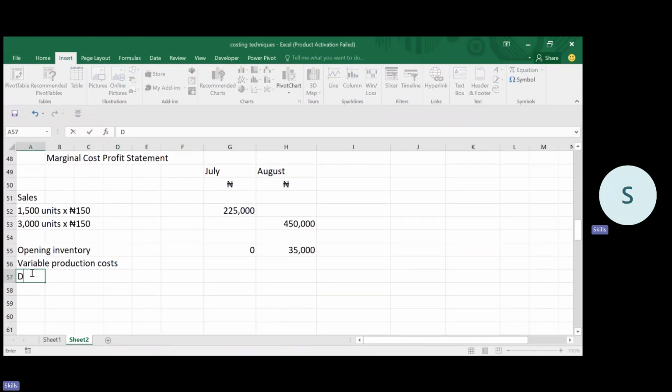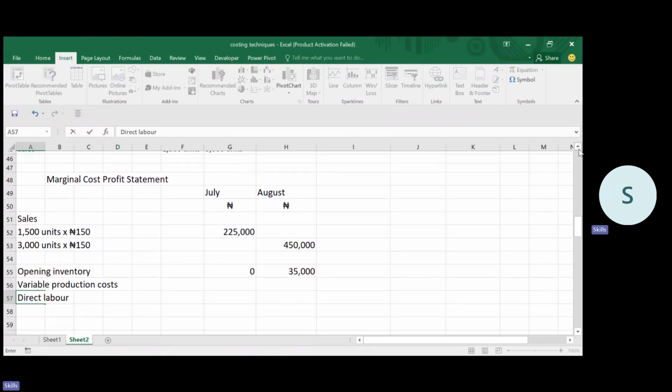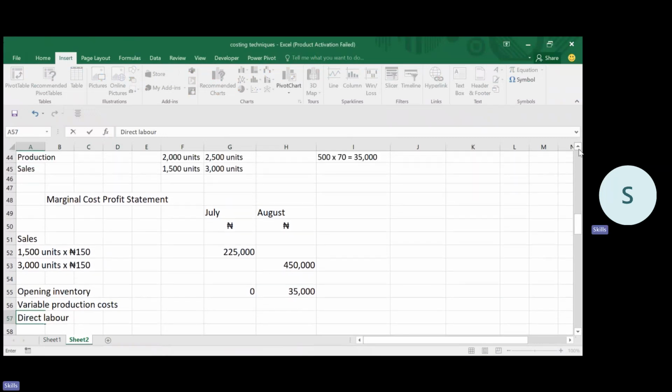The quantity produced in July is 2,000 units. So we have 2,000 units multiplied by the variable cost per unit, which is 35 naira.